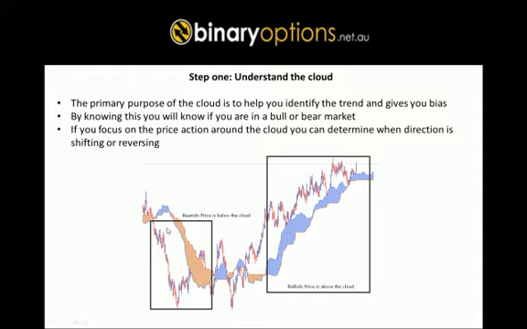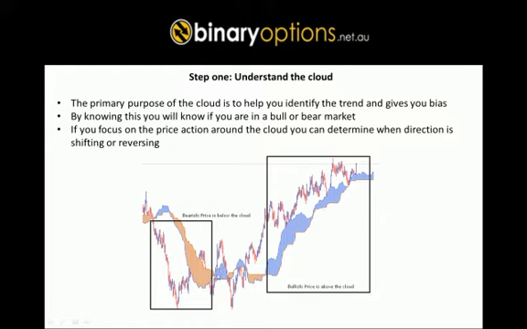As you can see here, price is trading below the cloud and the cloud is orange. When the cloud is orange and price is trading below the cloud, we are in a bearish market. And when price is trading above the cloud and the cloud is blue, we are in a bull market.